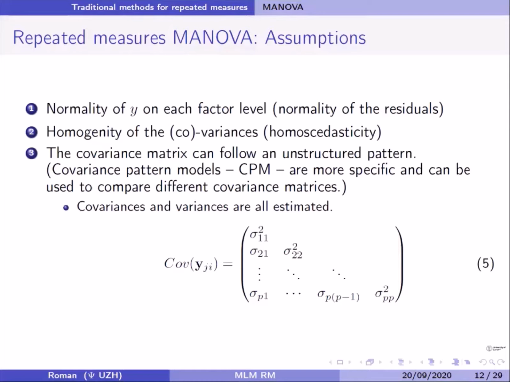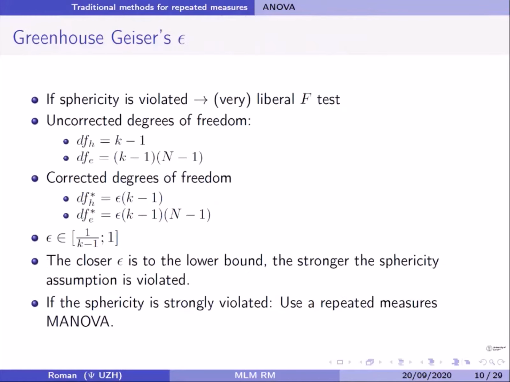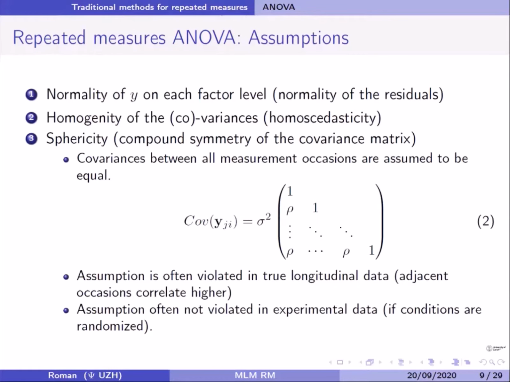This is not very parsimonious, and this results in too many parameter estimates. This is the problem with MANOVA. So, to summarize, MANOVA: unstructured, non-parsimonious. ANOVA: too structured, overly constrained.